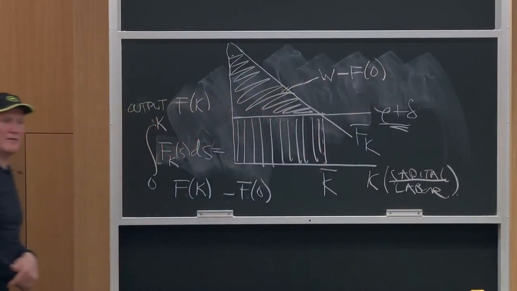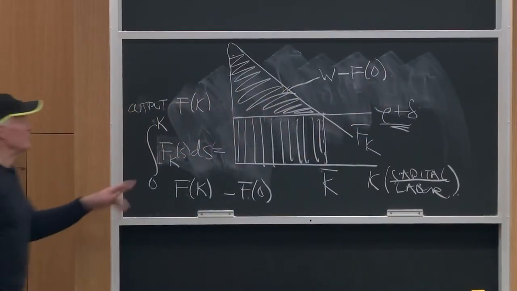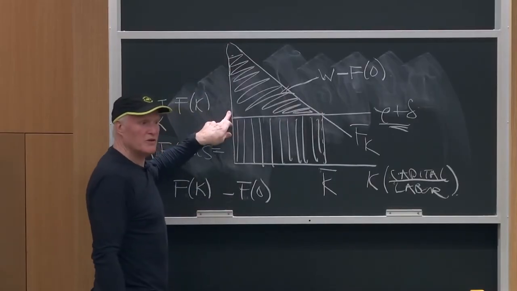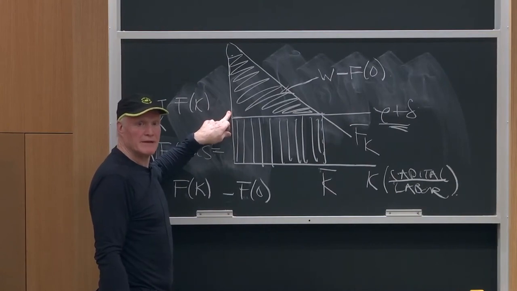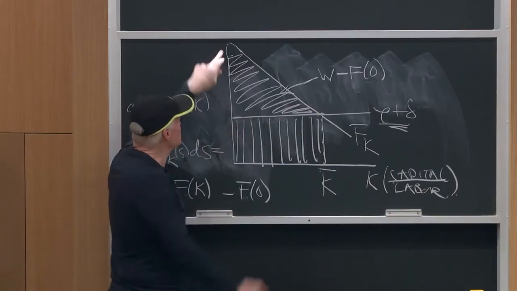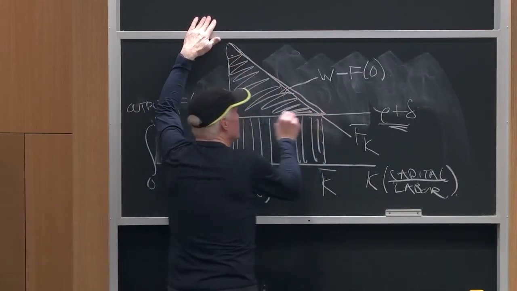That's what that area is. That is, workers are getting f of 0 plus this surplus on the production generated by capital. That would be the real wage paid to labor. So the real wage is going to be this area plus f of 0.